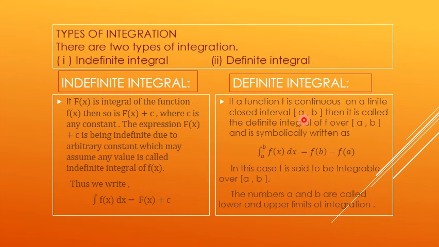If a function f is continuous on a finite closed interval [a, b], then it is called the definite integral of f over [a, b] and is symbolically written as the sign of integral with limits b and a, f of x dx. In this case, f is said to be integrable over [a, b].